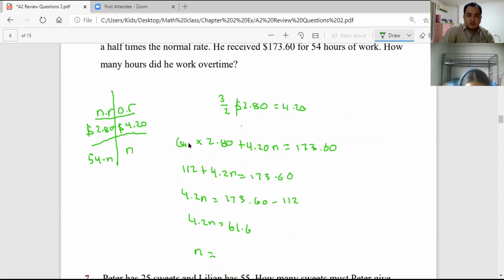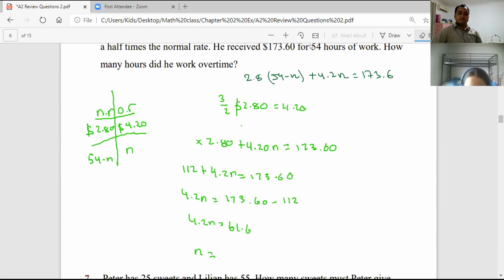It is 2.80 times 54 minus n, plus 4.2 times n. That's equal to 173.60.